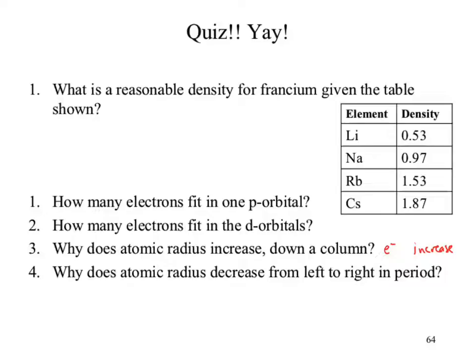Now you can bring in the evaluation of the protons. It's not just that we have more protons. Down a column, we have more protons. It's that the electrons are going into the exact same energy level. It's a balance of both. So even saying electrons increase for question 3 is still technically wrong, because electrons increase left to right as well.